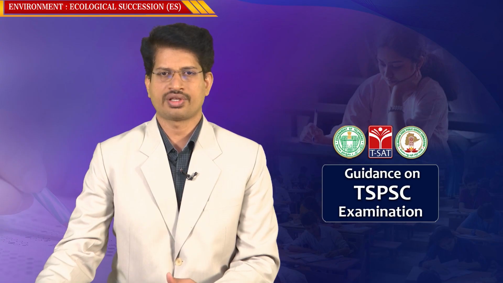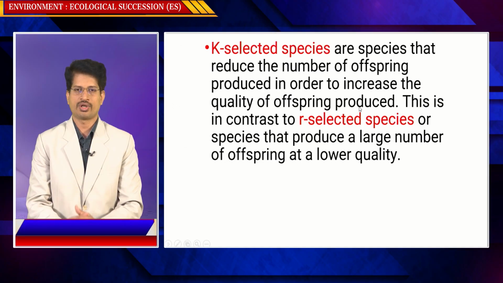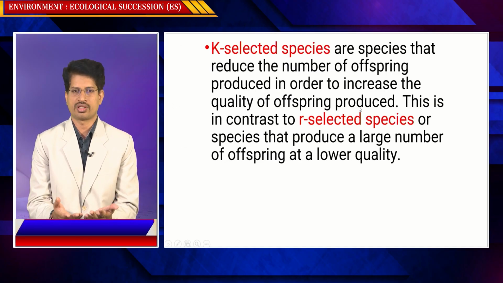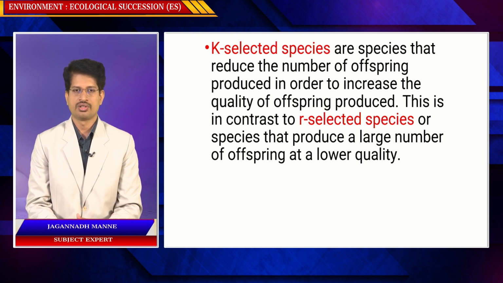In the same way, K-selection species reduce the number of offsprings produced in order to increase the quality of offspring. When you have fewer children, you can use all the resources for them, so the quality increases and the survival rate increases. This is in contrast to R-selection species, which produce a large number of offsprings of low quality.